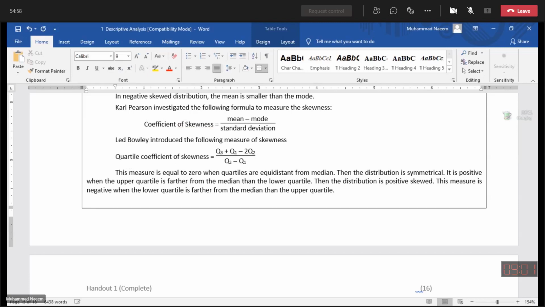No need to mention here the quartile coefficient. Just we can say the coefficient of skewness with an alternative formula. But how do we decide about the skewness? This coefficient of skewness is usually denoted by B1.